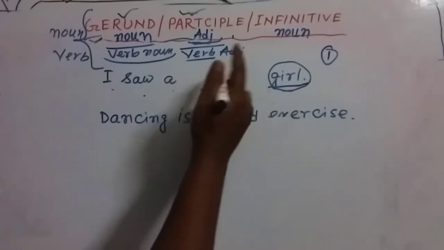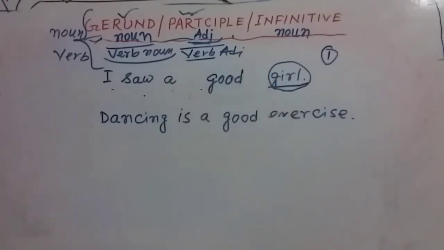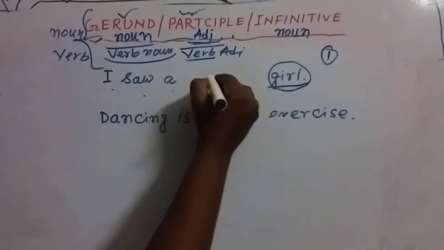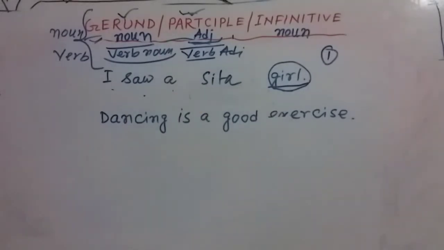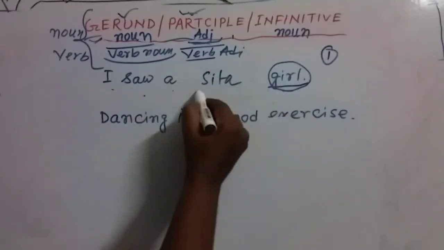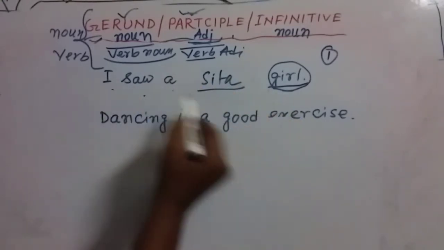My dear friends, if we write down "good," it is an adjective. But if we write down a noun here, suppose a name, there is a noun. So "I saw a Sita girl." This is the name of a girl, but the sentence is not meaningful.